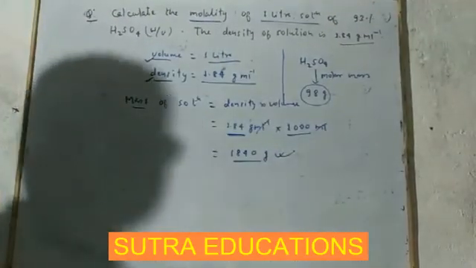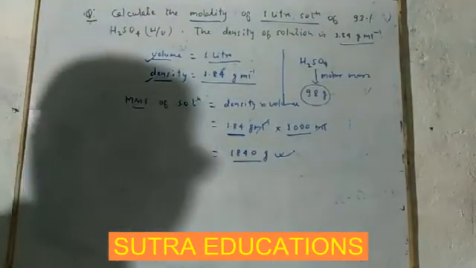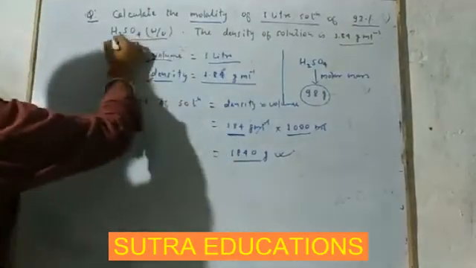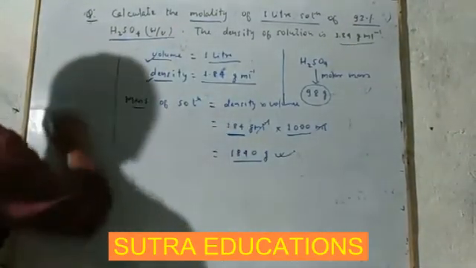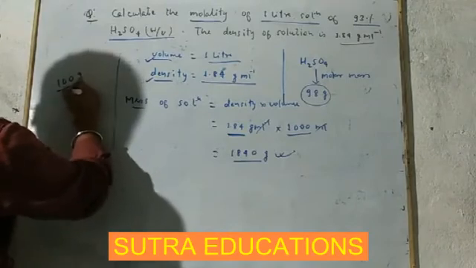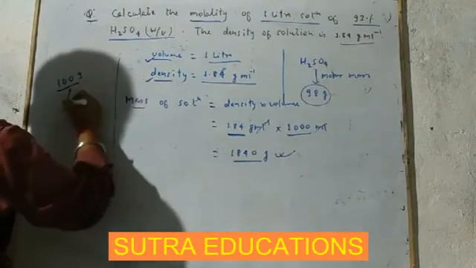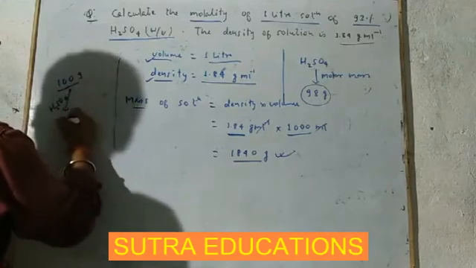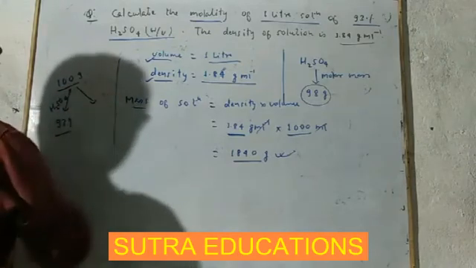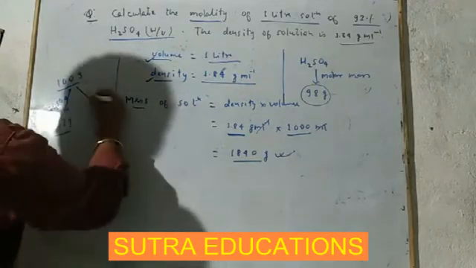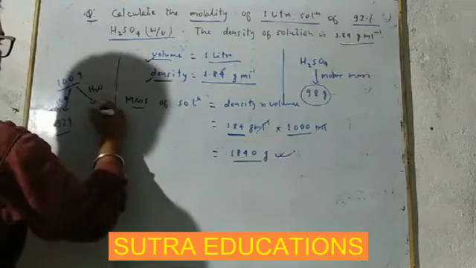Now one thing, it is given 93% of H2SO4. It means what? It means if 100 gram of solution is there, then in 100 gram of solution H2SO4 will be 93 gram, and the rest is water. So the rest will be 7 gram.